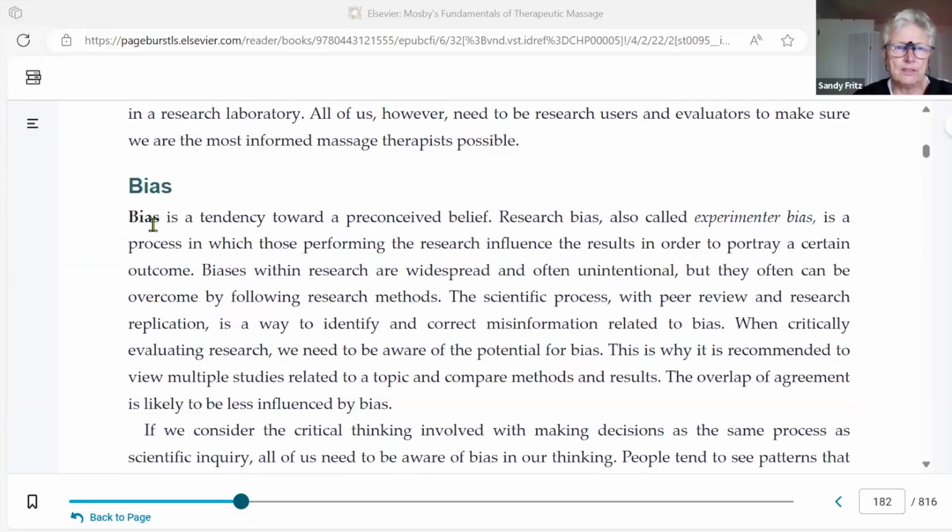So one of the things that the scientific method does is try to reduce bias, which is a tendency toward a preconceived belief. And that is why it's important for research to also be peer reviewed by subject matter experts as well as replicated, to see if another group can do the experiment and get the same or a similar result.